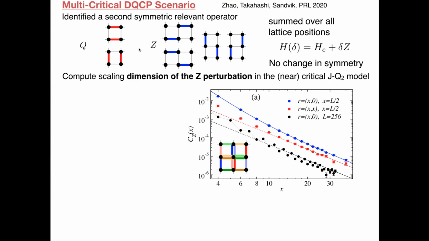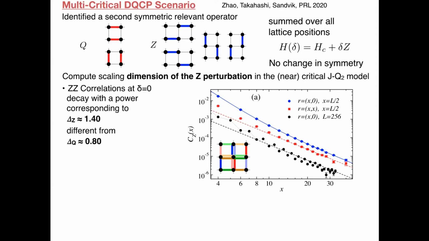Then again, we fit some power laws to correlation functions. In a couple of cases here we don't add any corrections, and in one case we add a correction also, but they're all consistent with the scaling dimension being 1.4, which is very different from 0.8 that I showed before. So this is where maybe we can get out of the bootstrap bound.